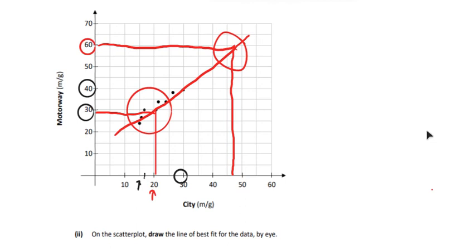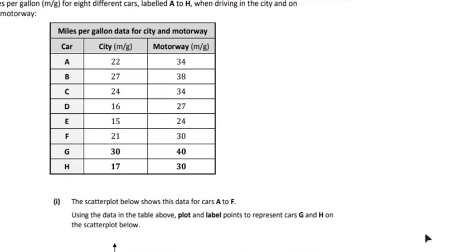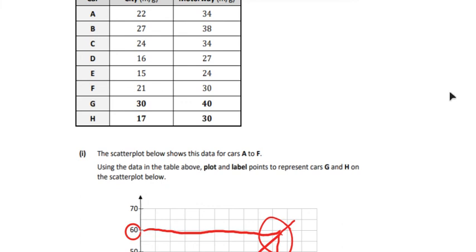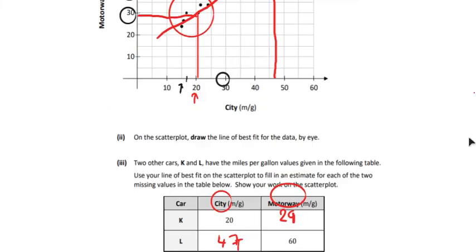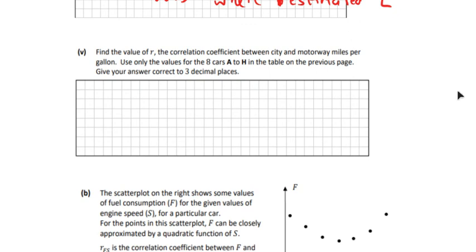You press mode, then go down and press 2 for the table, and then 2 again for linear, and you input 2 columns, X and Y, and put in all the values in the table. They want us to use A to H, so you put in all those values, then press equals, and that stores the table for you.